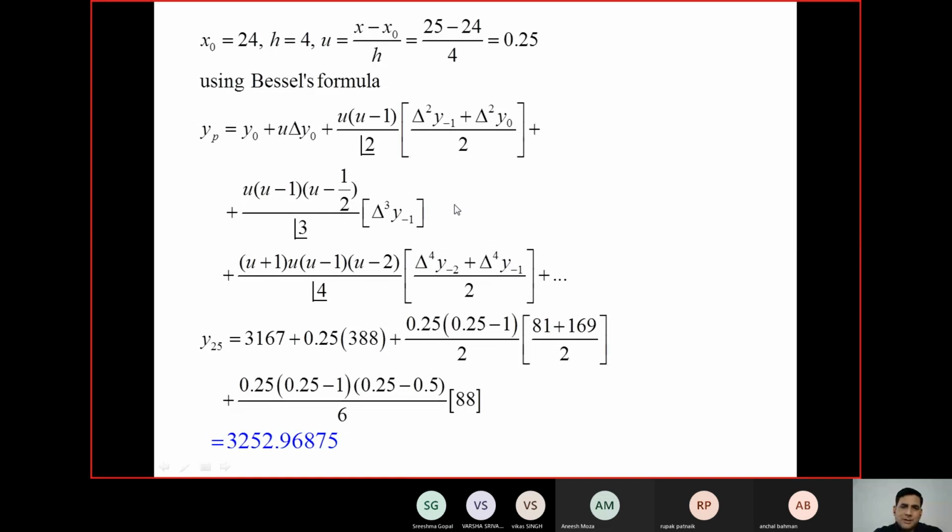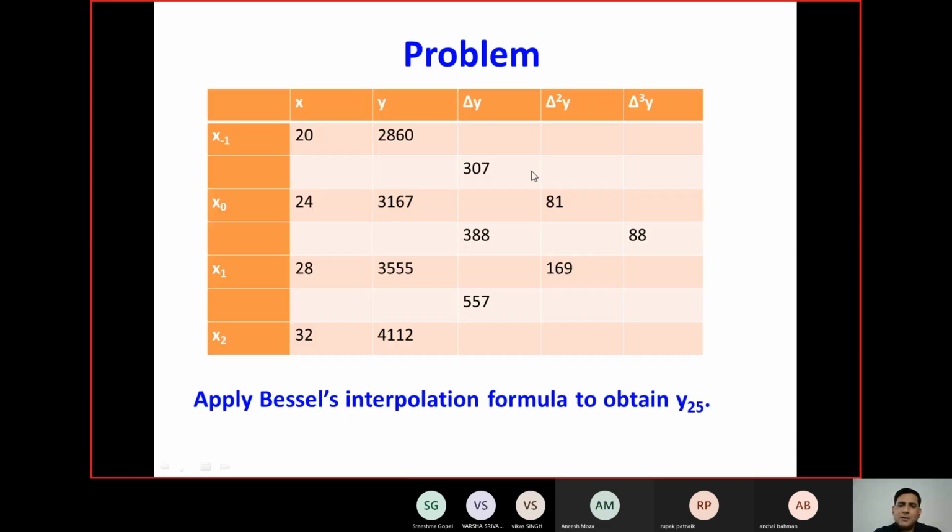Can you fix how this y naught is being fixed at this 169? Can you identify that? 169. Here, this one.